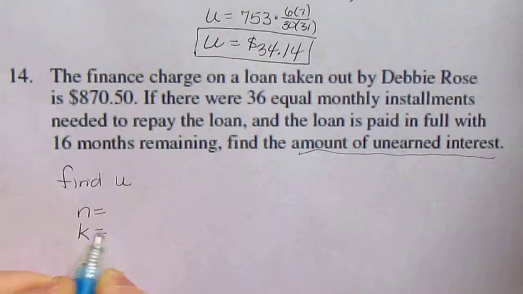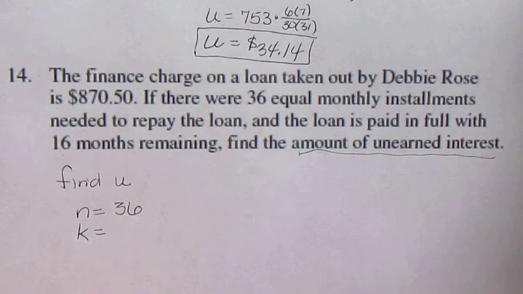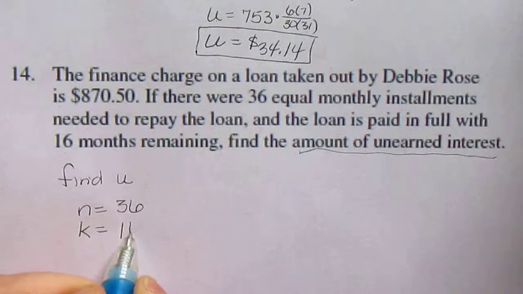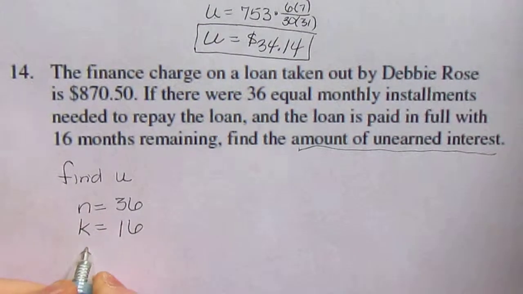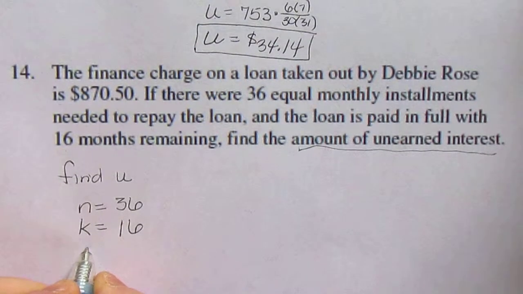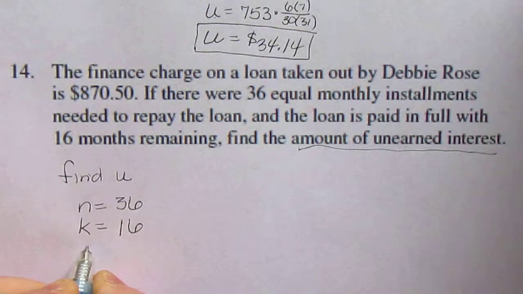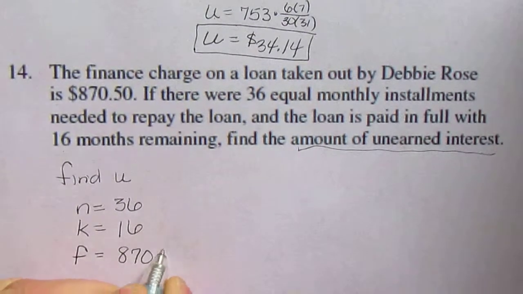K is the number of payments early. So she originally was scheduled to pay this for 36 monthly installments, but she paid it off 16 months early. The only other thing we need is F. And F is the amount of total interest that she was scheduled to pay.